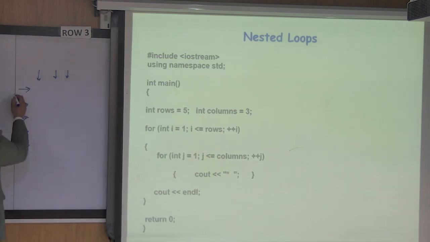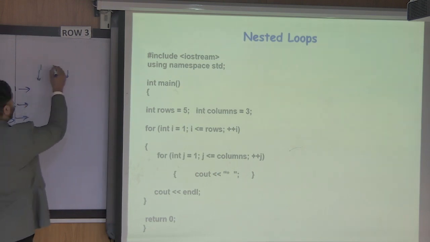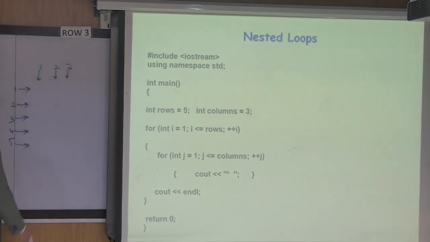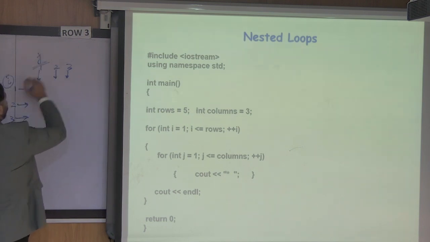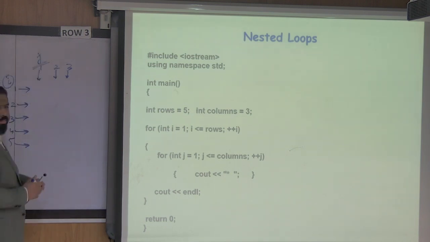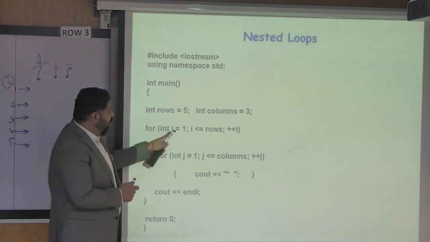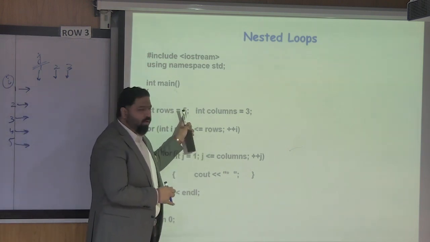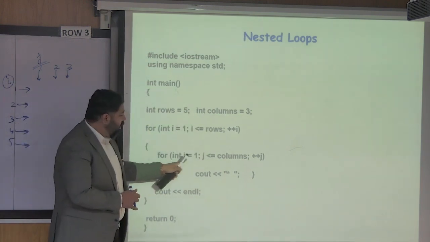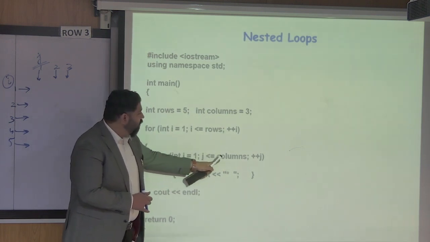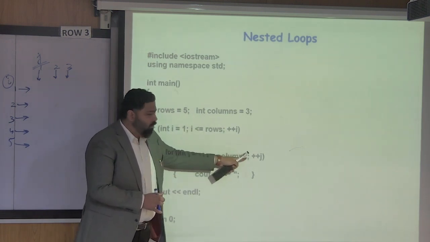So it's like 1, 2, 3, 4, 5, and 1, 2, and 3. So rows is controlled by I, the column is controlled by J. So how many rows? I equal to 1, I is less than or equal to 5. How many columns? J is 1, J is less than or equal to 3. Increment, decrement.